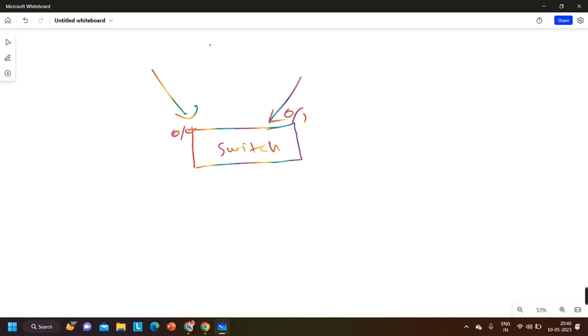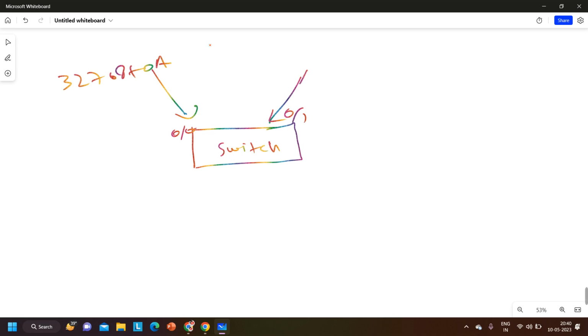In the BPDU, the first information is the root bridge ID. When switch 1 is sending the BPDU to switch 2, the root bridge ID will be 32768 plus 0A.